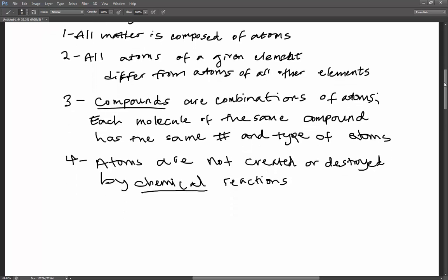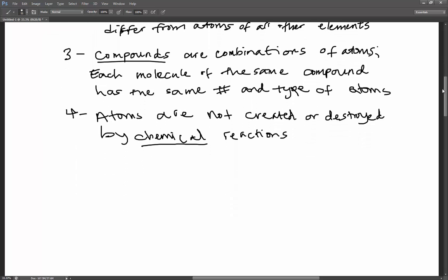So the way that we represent that is to use this symbol with a little subscript to indicate how many of each of those there are. So again, the element carbon, we say that's just C, but the compound carbon dioxide, and I'll teach you how to name these later in this semester, that's going to have 1 carbon and 2 oxygens.